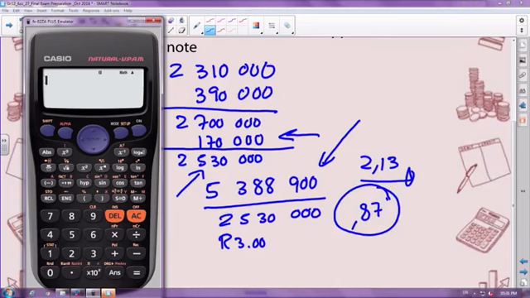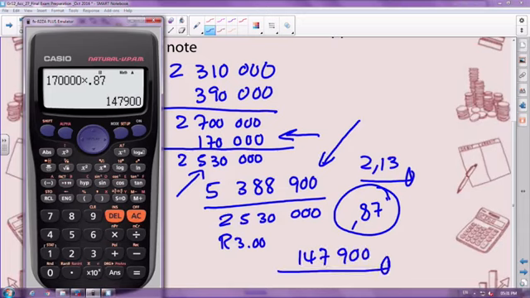So obviously we would now take 170,000 shares times 0.87, the price above the average price, and your answer is 147,900, and that is what's going to appear in your retained income. I hope that is crystal clear to you.